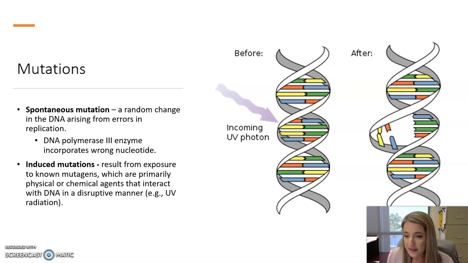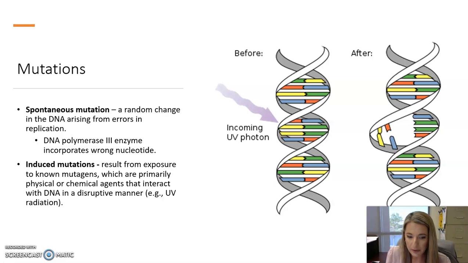So when it sees a T on the parent strand and it's supposed to put an A in the newly synthesized strand, let's say it accidentally puts a G there where there was supposed to be an A. Well, if it doesn't catch its mistake and fix it, and that mistake stays, that mistake is now a mutation. So essentially, spontaneous mutations are a result of errors in replication, where DNA polymerase III puts the wrong nucleotide in the wrong place.